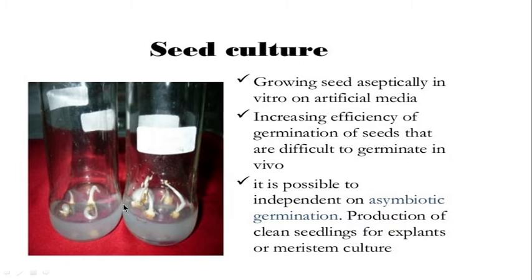From those clean seedlings the explants can be prepared, and meristem culture is also prepared from that seed culture. So this is generally used for increasing the efficiency of germination of seeds which are difficult to germinate in vivo.